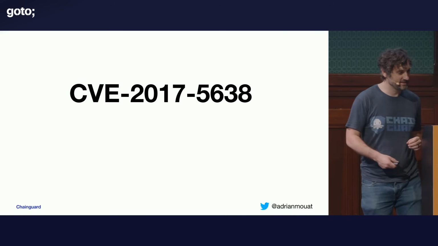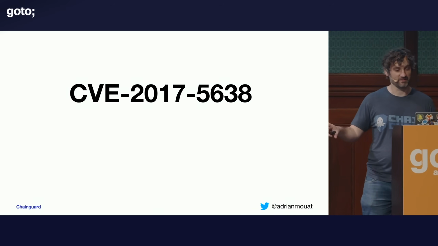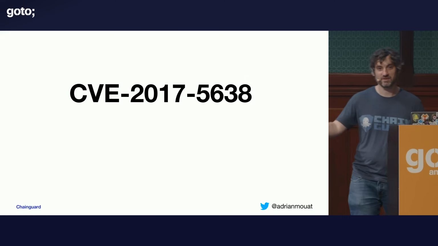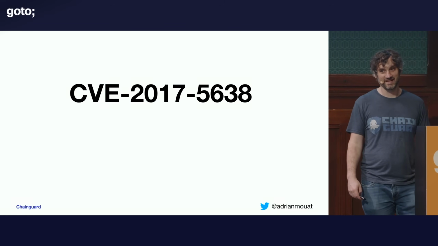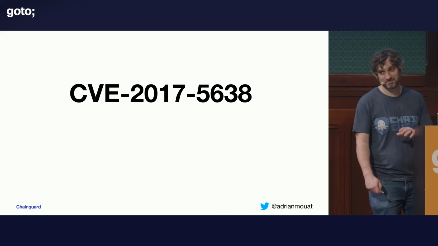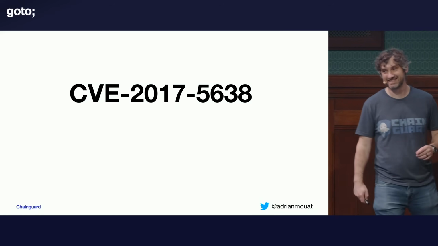So the CVE 2017-5638. This is probably the hardest question. Does anybody know what application framework this vulnerability was in? Any guesses? Okay. Pardon? OpenSSL? That's a very good guess, but it's not right.